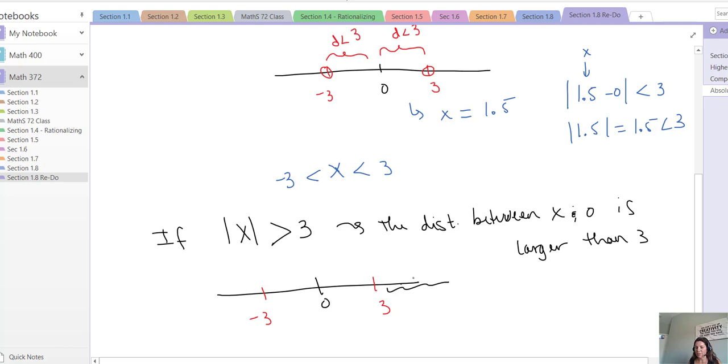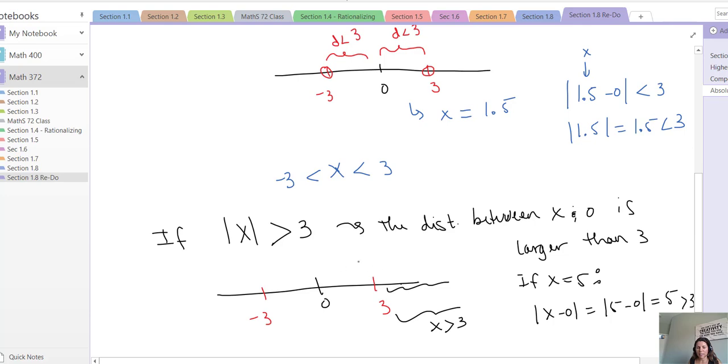So if x is 5, for example, then the distance between x and 0 will be 5, which is larger than 3. So essentially that means I want x to be greater than 3.